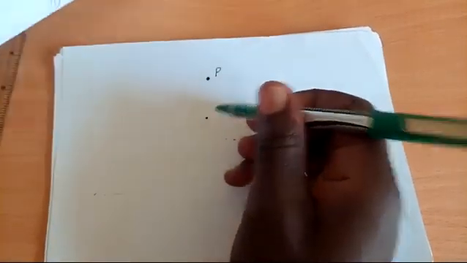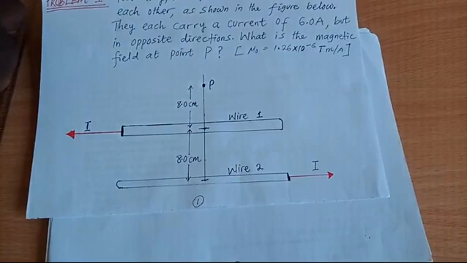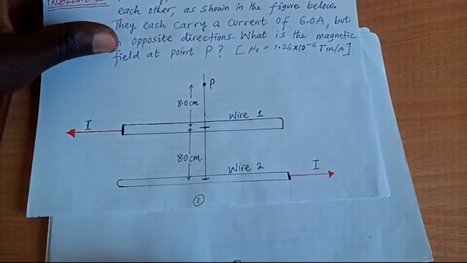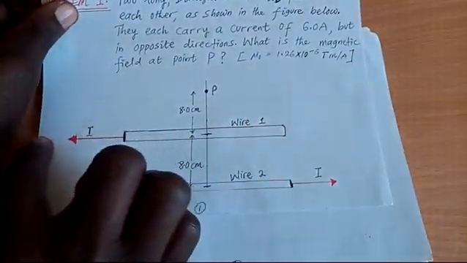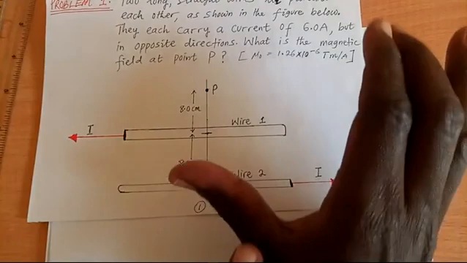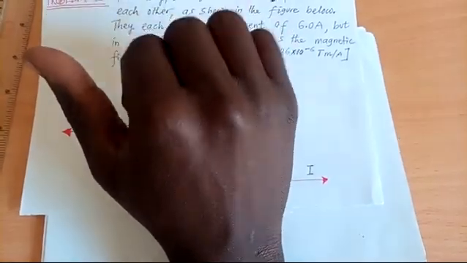Now, we have to use the right-hand rule to determine whether the magnetic field is into page or out of page at wire 1. According to the right hand rule, we take our thumb and align it in the direction of the current, and then we curl our fingers.